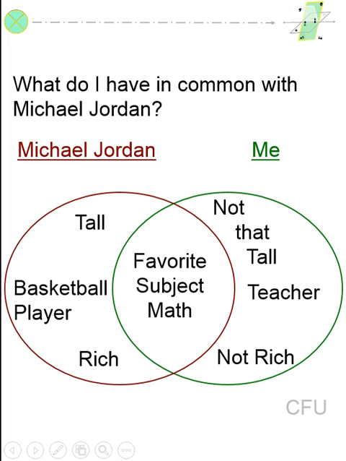Now, for those of you that missed it, when Michael Jordan retired and came back to the NBA, won another 3 back-to-back, then retired again, he's still making a lot of money. One of the things he does is that he knows numbers. His accountants and lawyers don't rip him off.